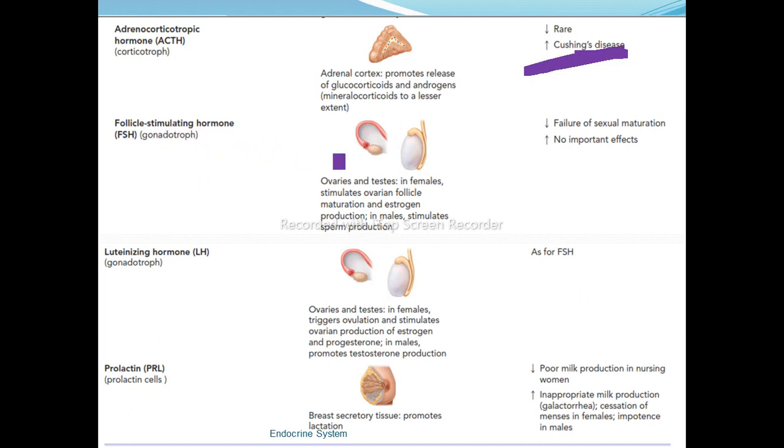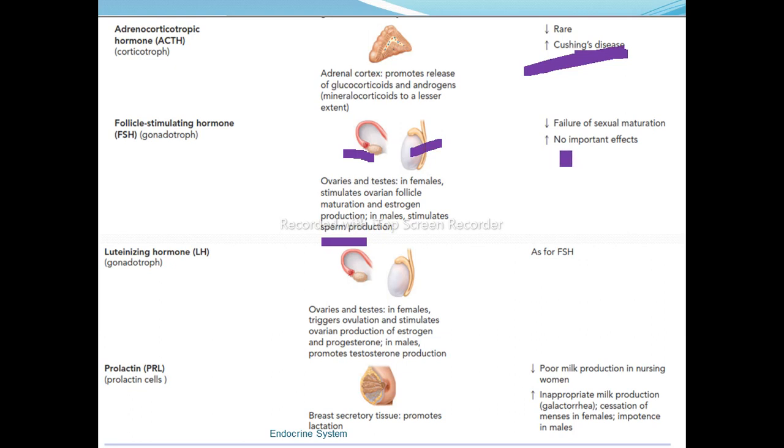The other hormone is follicle stimulating hormone, a gonadotroph. This hormone acts on the ovary and testes. This is the testes, this is the ovary, and this is the uterine tube. In females it stimulates ovarian follicle maturation and estrogen production. In males it stimulates sperm production. A small amount of follicle stimulating hormone leads to failure of sexual maturation.